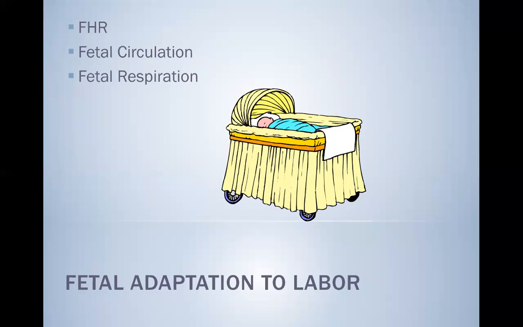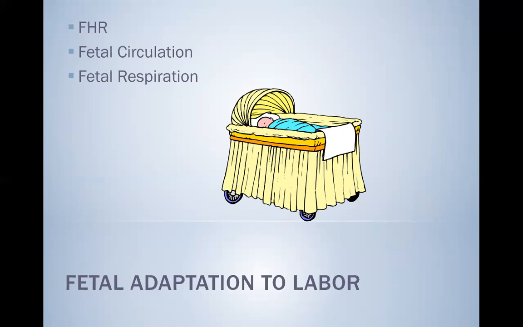So some of the maternal adaptations that we're looking at, we'll talk about cardiovascular first. So with cardiovascular adaptations, during the second stage of labor, which is the pushing stage, we're going to have an increase in heart rate, which makes sense. Mom's working really hard. Her heart rate's going to go up. We might also see her blood pressure go up.